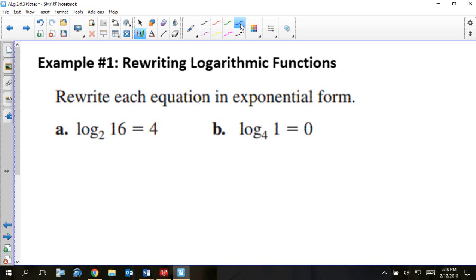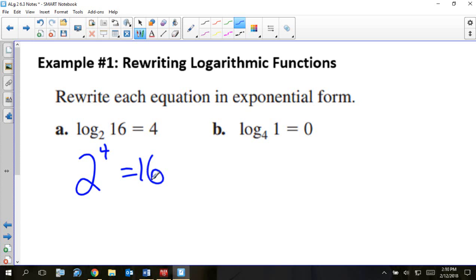When you say log base 2, I say, what is the base? 2. So that becomes the big number. And I say, logs always equal the exponent. So what's the exponent? So to rewrite this into exponential form, you write 2 to the 4th equals 16. And then you say, is that true?